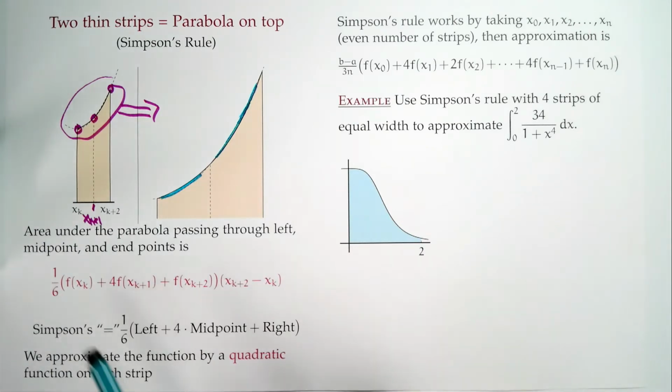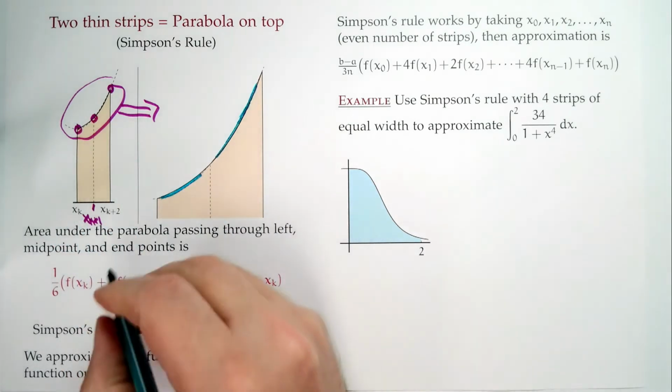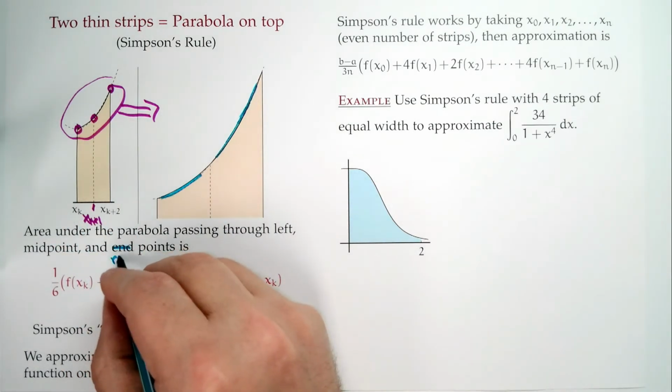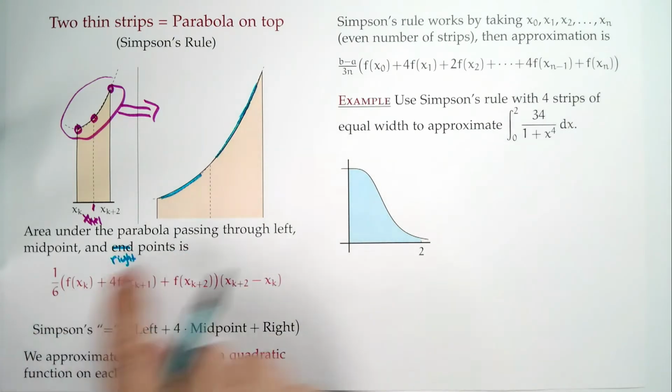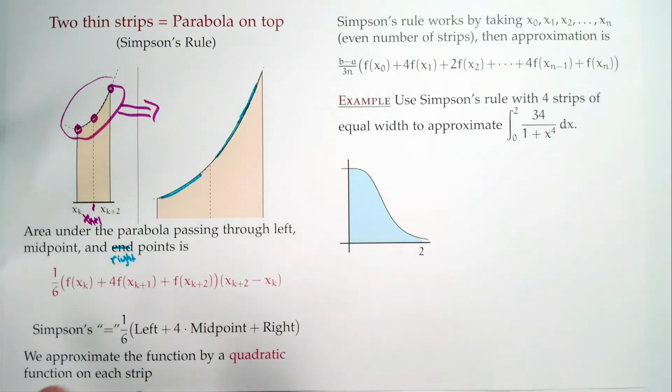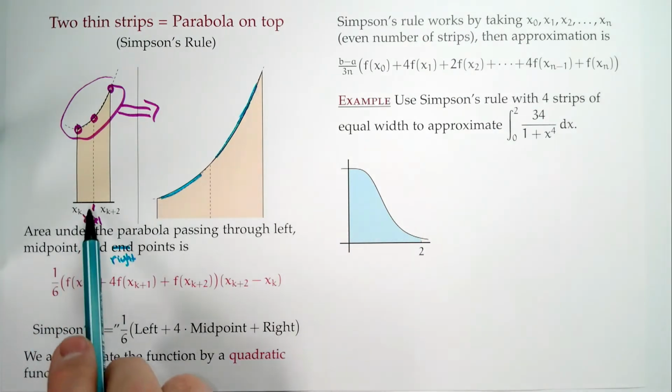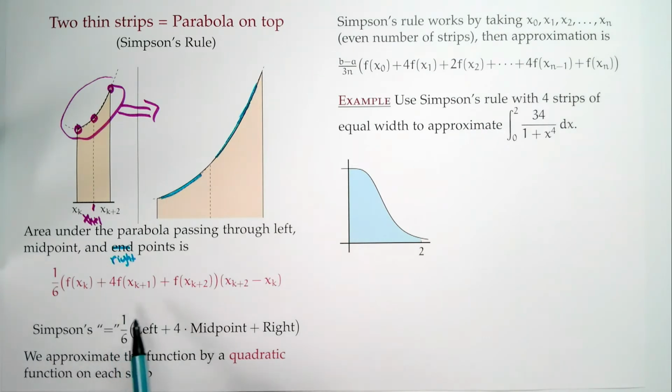So the area under the parabola that passes through the left, the midpoint, and the endpoint, we should really call this the right point, is 1/6 times f of xk, plus 4 times f of xk plus 1, plus f of xk plus 2, and then times the width, xk plus 2 minus xk.